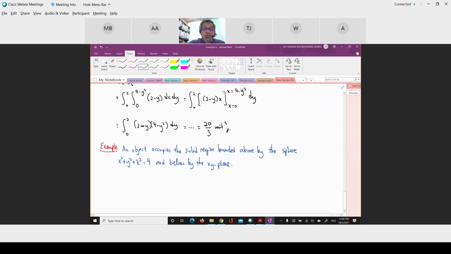If the charge density of the object at any point is equal to its distance from the xy plane, find the total charge on the object.